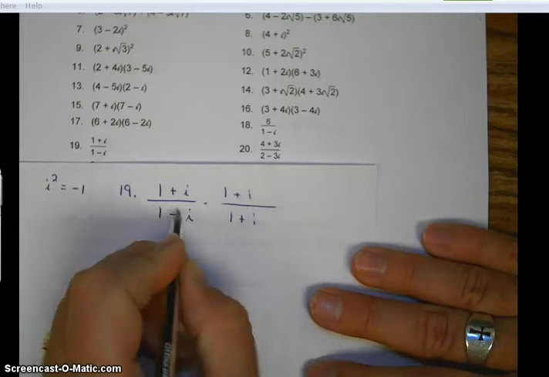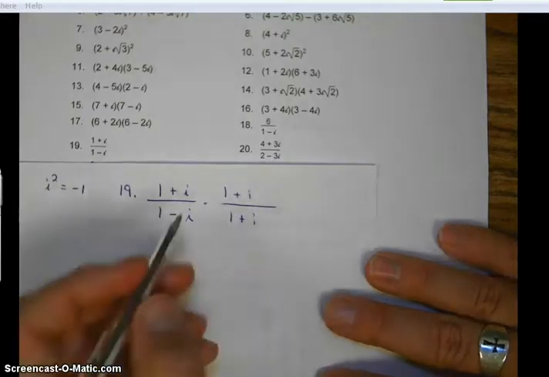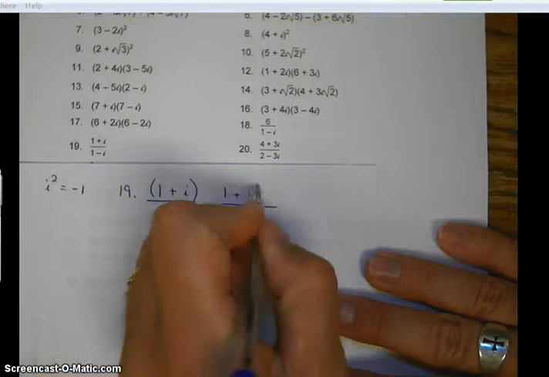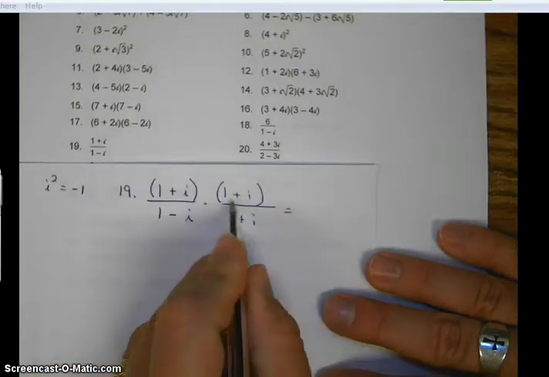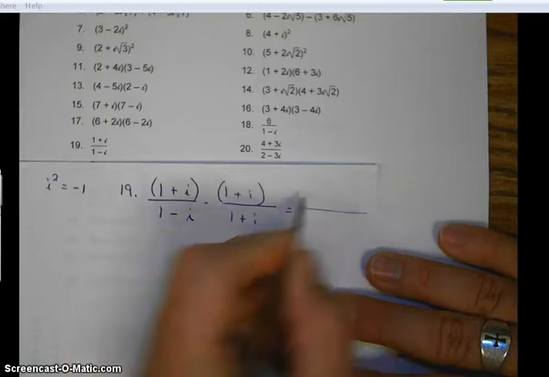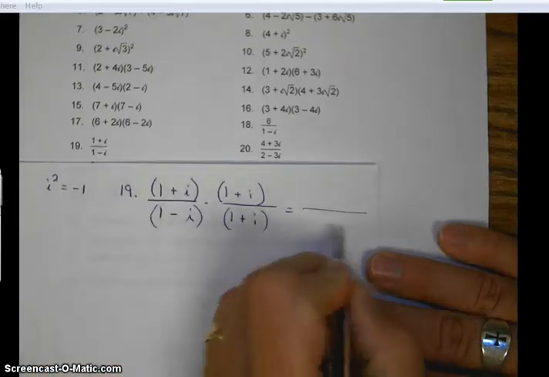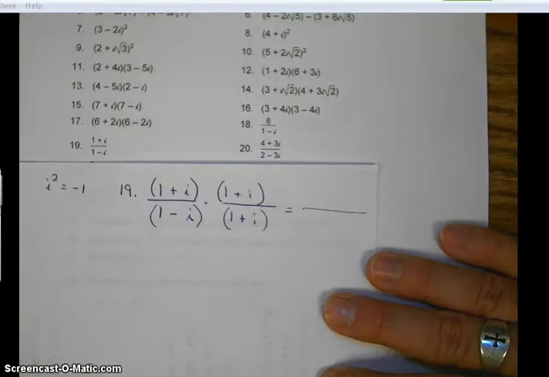The only thing that changes is the sign in between. And so then you're going to FOIL the top, just like we've been doing in the last few problems, and combining like terms. And then we're going to FOIL the bottom and combine like terms. Okay?